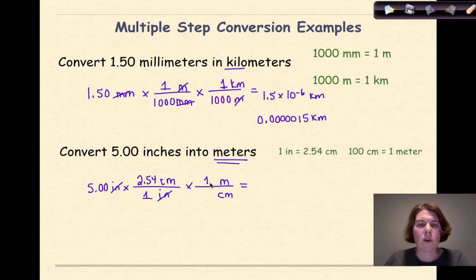So I know that in 1 meter, there's 100 centimeters. And again, I can cancel my units down and to the right, so centimeters cancels centimeters. And if I do 5.00 times 2.54 times 1 divided by 100, I will end up with 0.127 meters as my final answer.